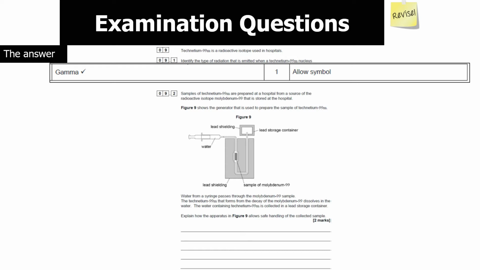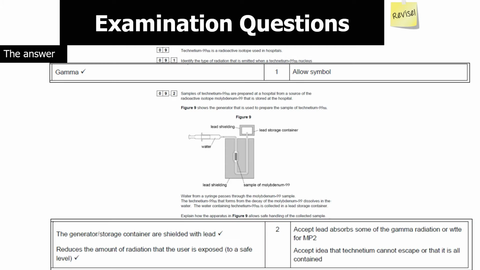So how do you know it's got safe handling? Well, the generator is shielded with lead. It makes a big deal of showing the fact that it's a lead storage container, so that's a very important idea. So this reduces the amount of radiation the user is exposed to, because some of the technetium will be releasing gamma radiation, and some of this gamma radiation will be blocked by the lead.